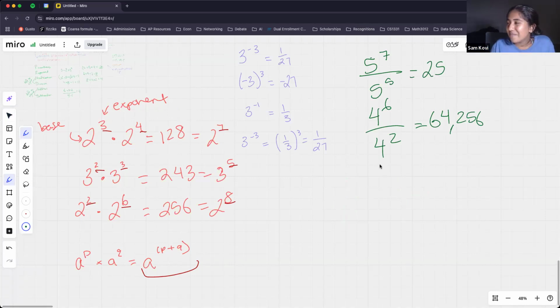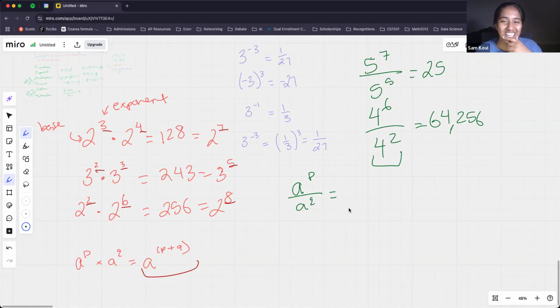So what did we say about fractional exponents? Or not fractional exponents, about fractions. How can we express a fraction as a negative exponent? Very good. So if I have something like a to the power of p divided by a to the power of q, how can I write 1 over a to the power of q?